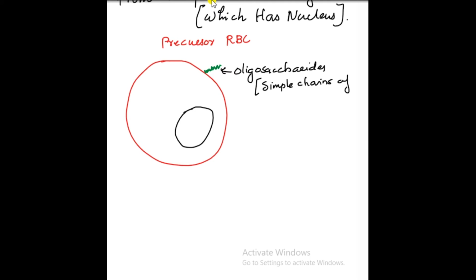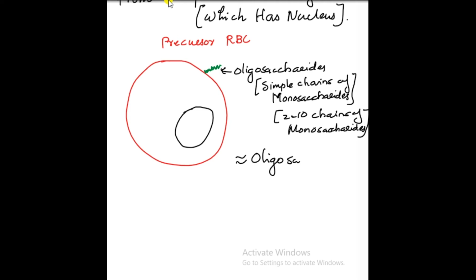It is located on the surface of the RBC. Oligosaccharide means 2 to 10 chains of monosaccharides, and you can see 2 million oligosaccharides in a precursor of RBCs. 2 million. That is the point.